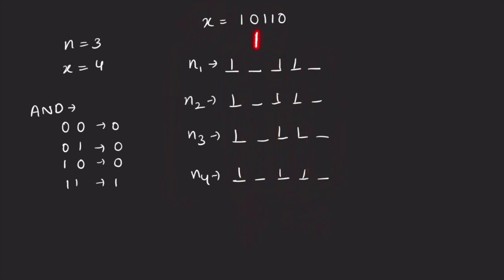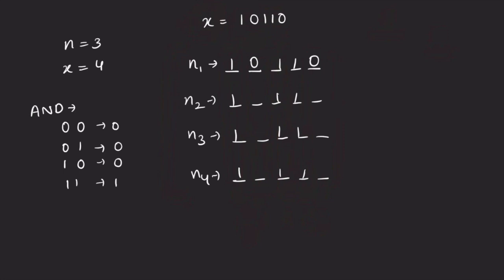When at least one of the numbers has this particular position set to 0. So this particular position will come out to be 0 only if there is at least one number out of these which has this bit position set as 0. So I will keep these two positions as 0 0.